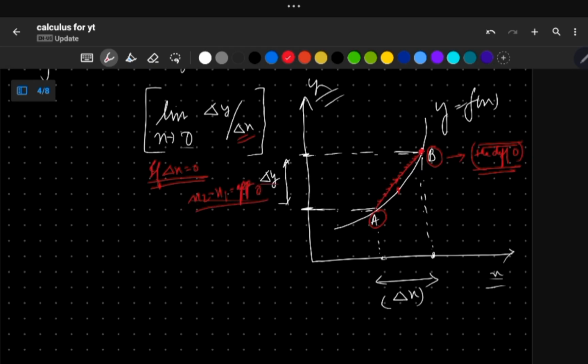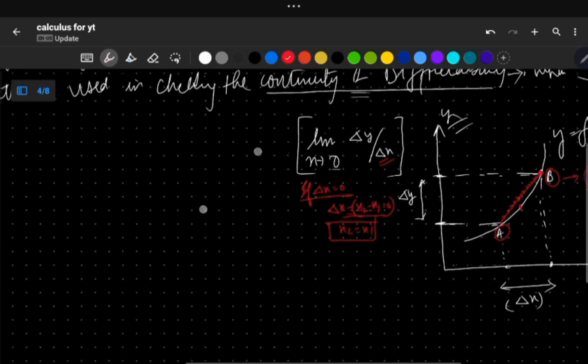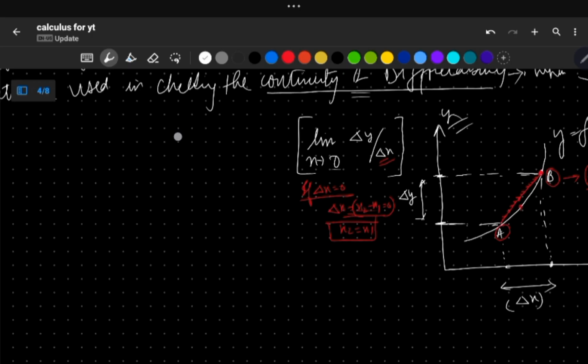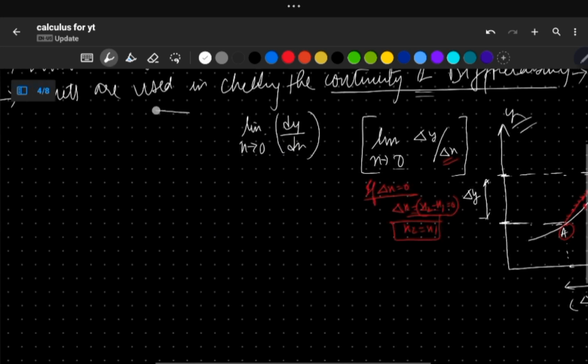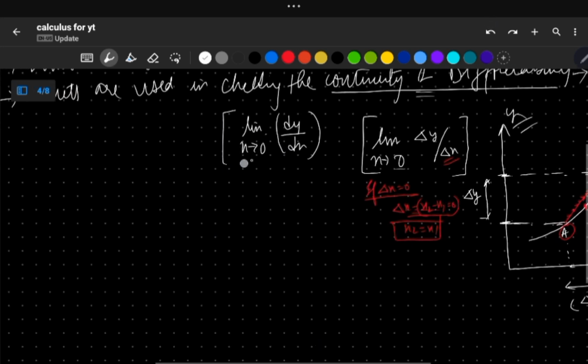We can write delta x equals x2 minus x1 equals 0, or x2 equals x1. So we can write limit delta x tends to 0 of dy by dx. This is what limit teaches.